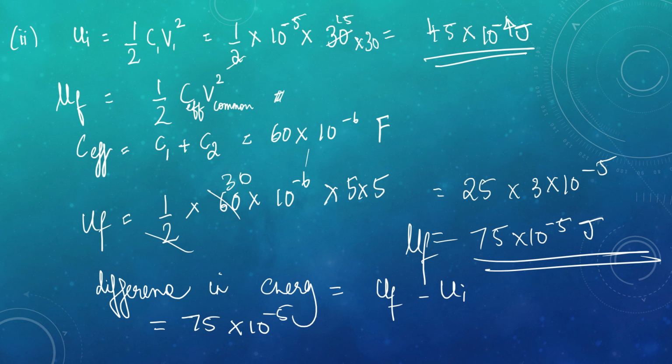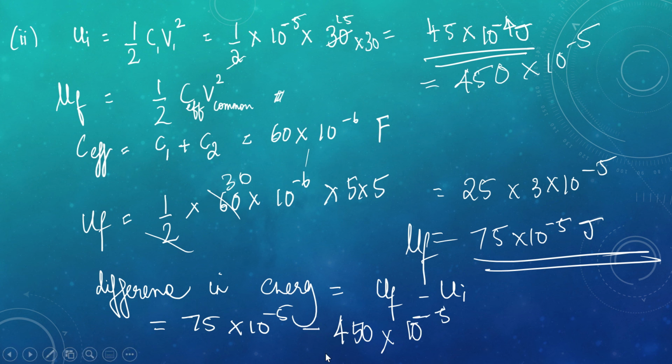So 15 into 30 is 450, so this can also be 450 into 10 raised to minus 5. So that is how I'm going to write. Minus 450 into 10 raised to minus 5.